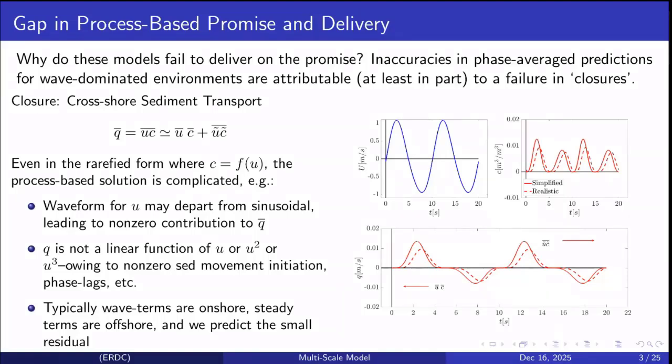And finally, in terms of the computational problem, you may have large wave terms that are onshore, like due to the onrush under the crest, and then a large offshore-related transport under the trough. What you're really after is the small residual, the small difference between those two. So in terms of the physics, it's actually a fairly complicated problem.